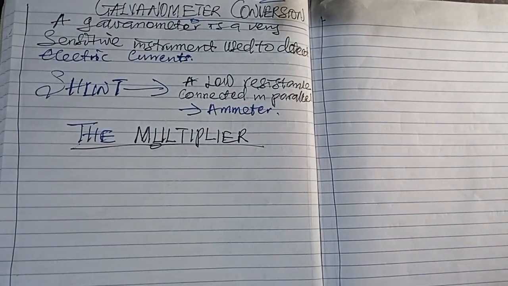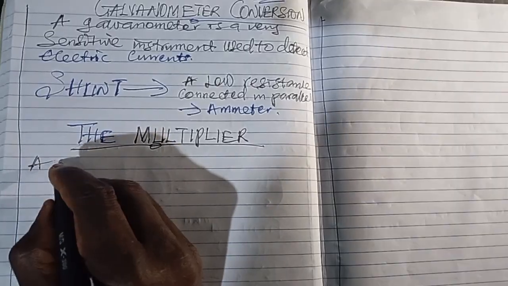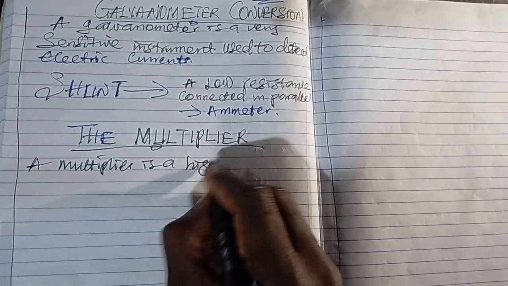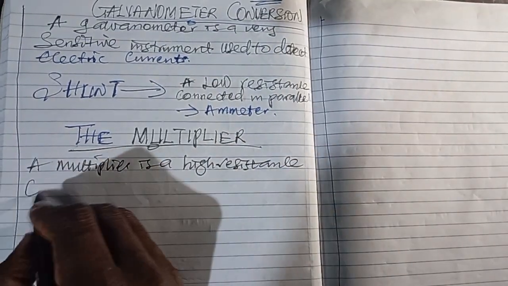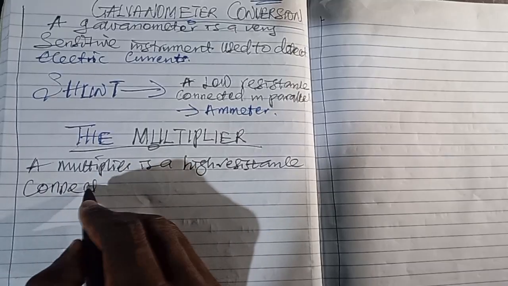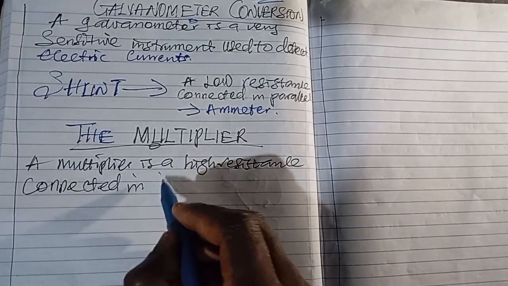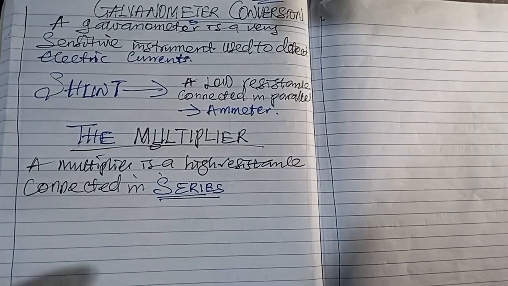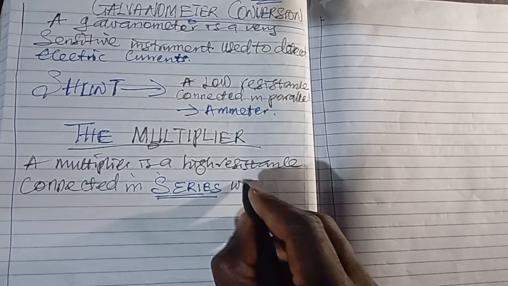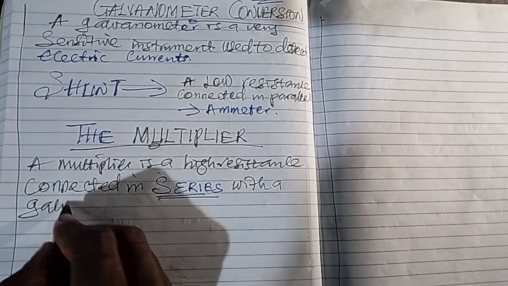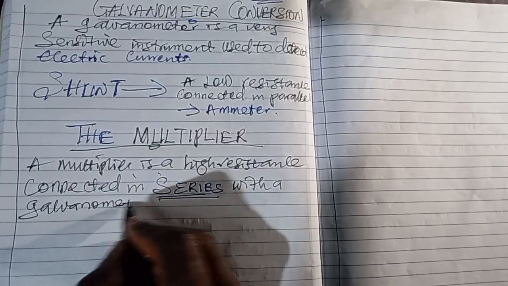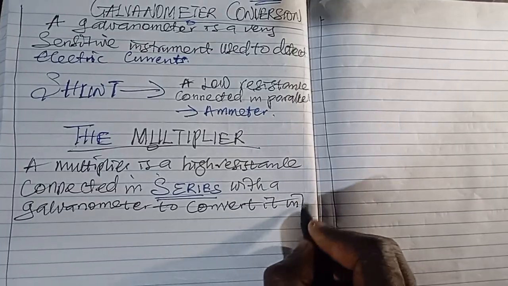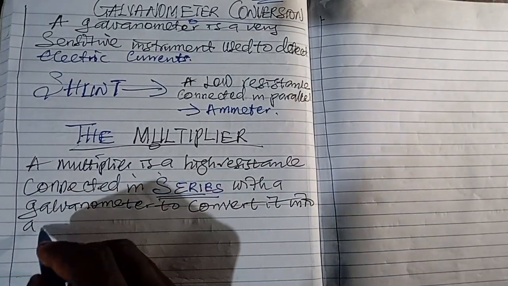A multiplier is a high resistance connected in series with a galvanometer to convert it into a voltmeter.